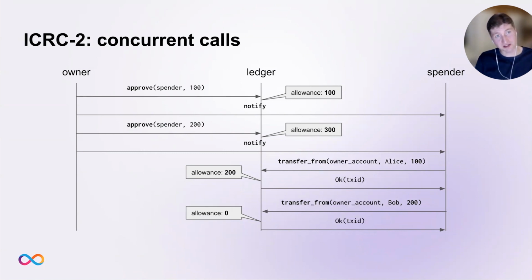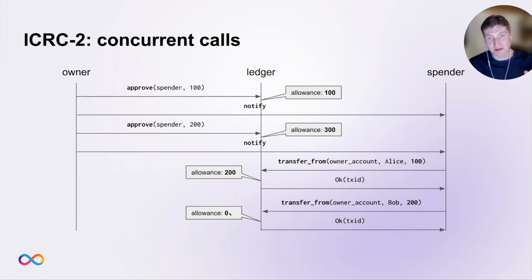So how does ICRC-2 solve this problem? The difference mostly comes from the additive nature of allowances. After the second approval, the allowance will not be 200, but 300. So we add up all applicable approvals. After the first transfer, we reduce it by 100, so there will be enough funds to complete the second transfer.